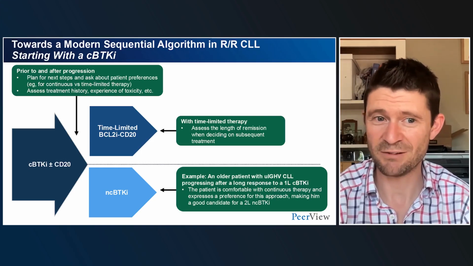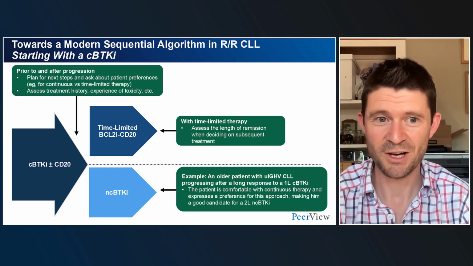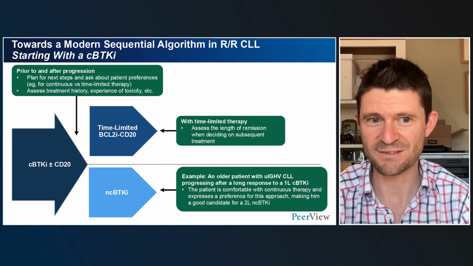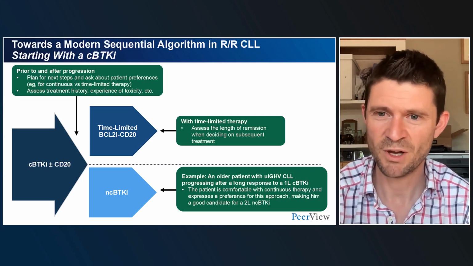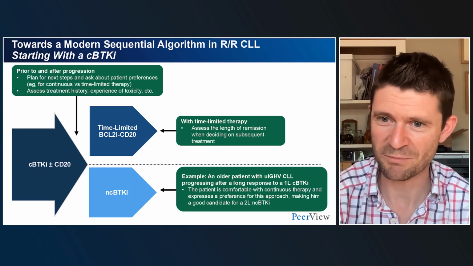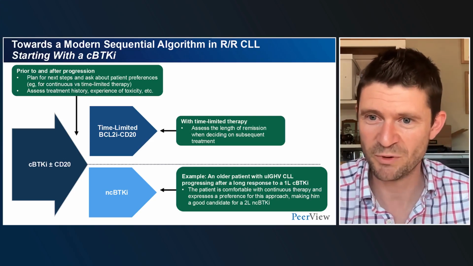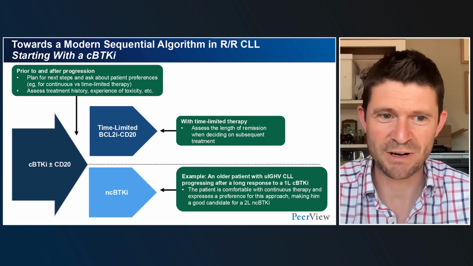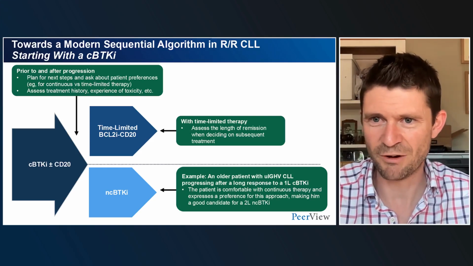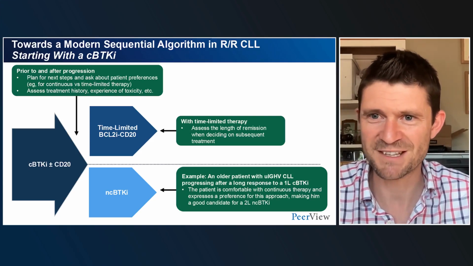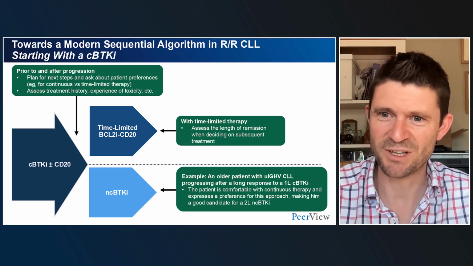And actually, we don't have good prospective data to know, for example, how long 2 years of BCL2 CD20 antibody even works for in this setting. We might have some in future clinical trials, but at the moment, we can't tell a patient with great confidence in this space whether they'll get 2, 3, 4 years off therapy or whether it'll be a few months. So certainly something that we need to learn more about.